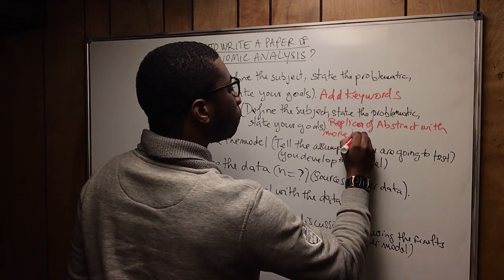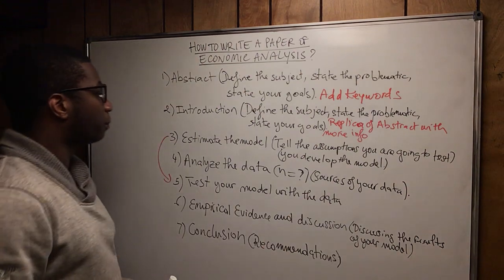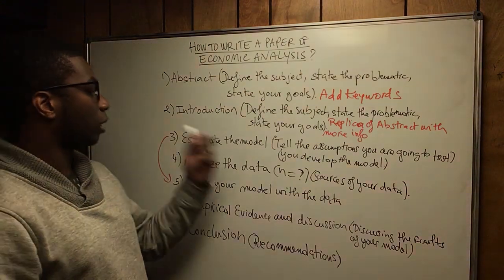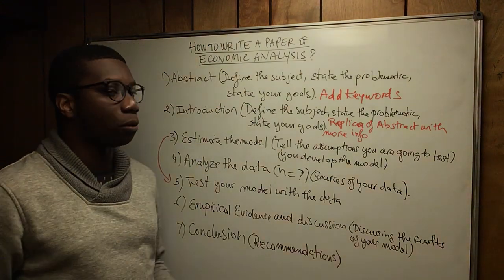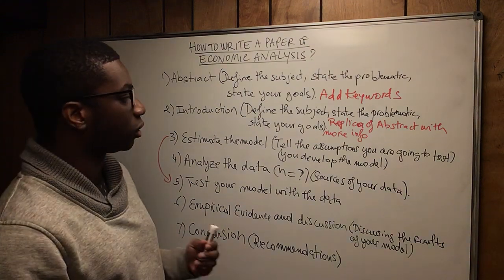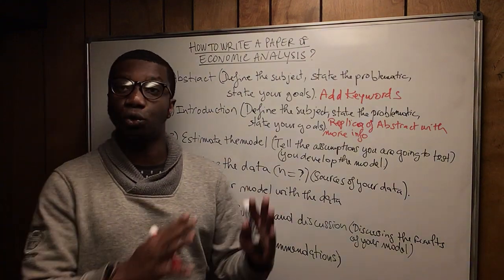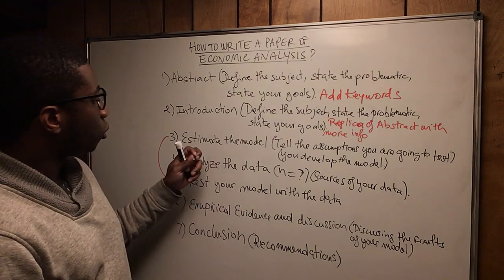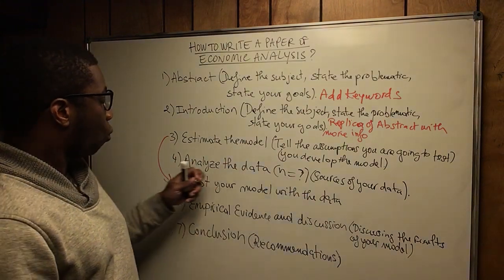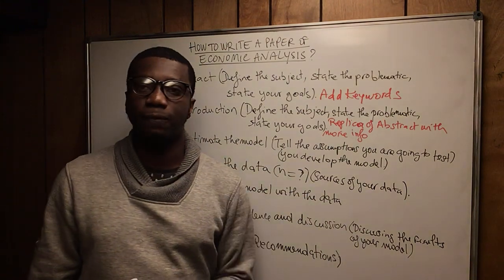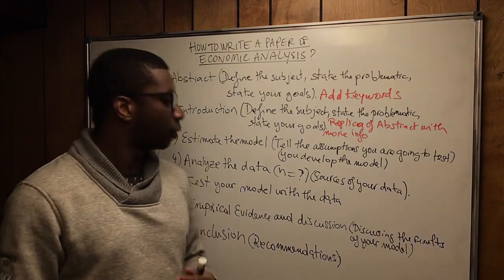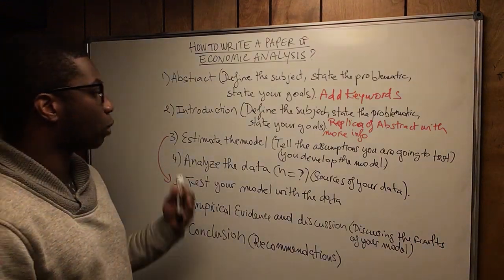Okay? And then you estimate the model here. Number 3, you estimate the model. So basically you're telling your audience which model you're going to use to explain what you're going to test.